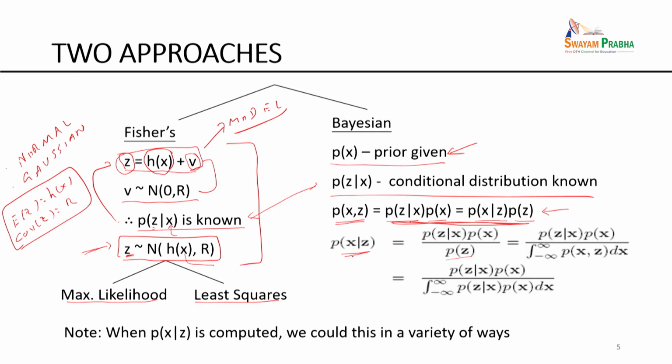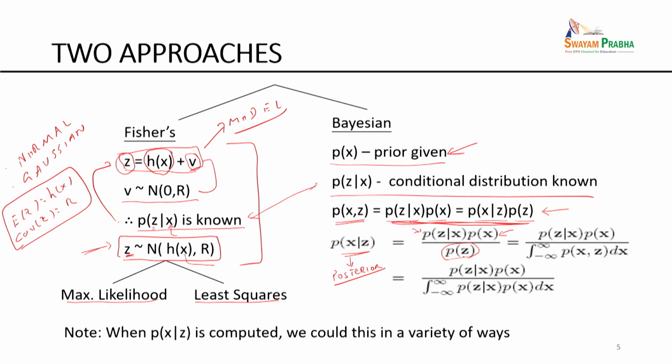So this is called the posterior. This is the prior. This is the conditional distribution. This is the density, the probability distribution of the observation. From basic definitions, I can rewrite the numerator to be this.